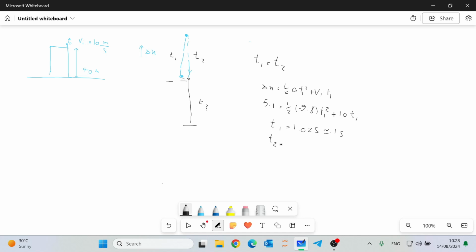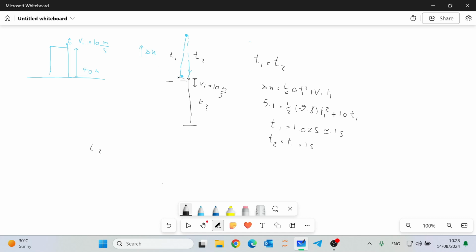And t2, as we said, is the same as t1, which is 1 second. What about t3? In this process, coming from here down to here, the ball has an initial speed vi, and this initial speed is actually 10 meters per second, the same as when we threw it from here.